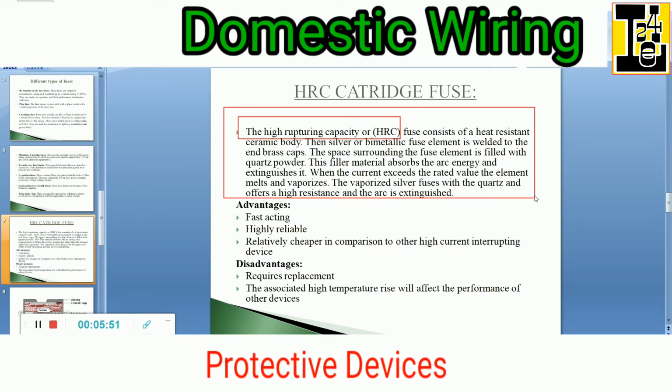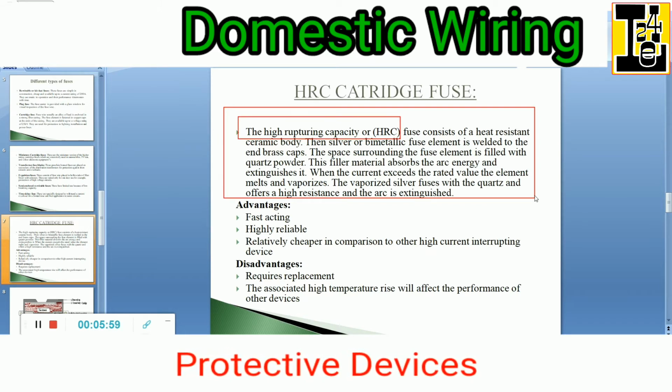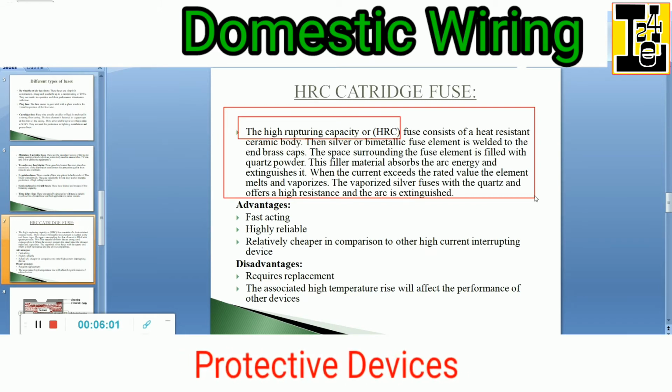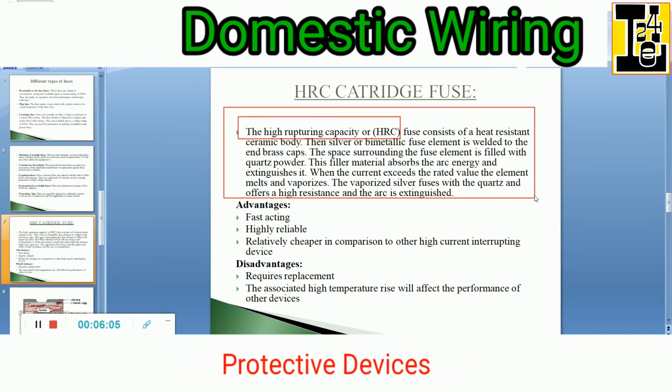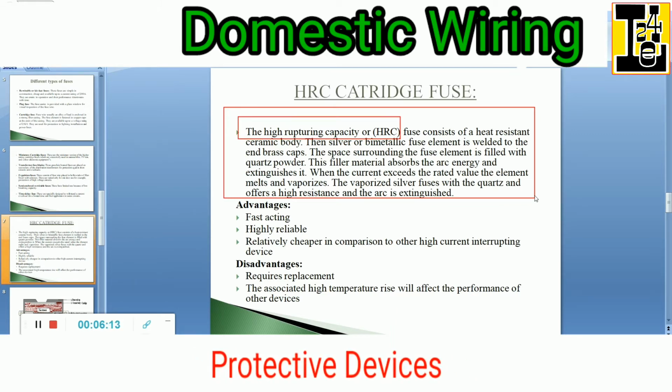The space surrounding the fuse element is filled with quartz powder. This filler material absorbs the arc energy and extinguishes it. When the current exceeds the rated value, the element melts and vaporizes. The vaporized silver fuses with the quartz and offers a high resistance and the arc is extinguished.